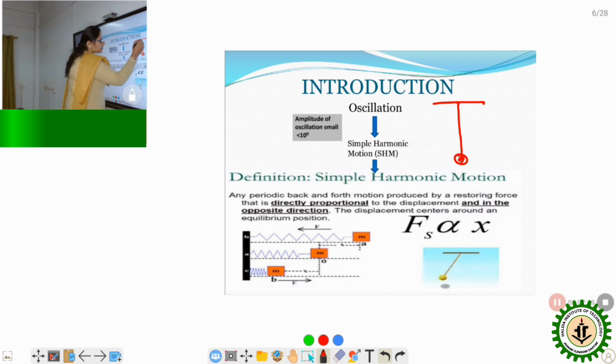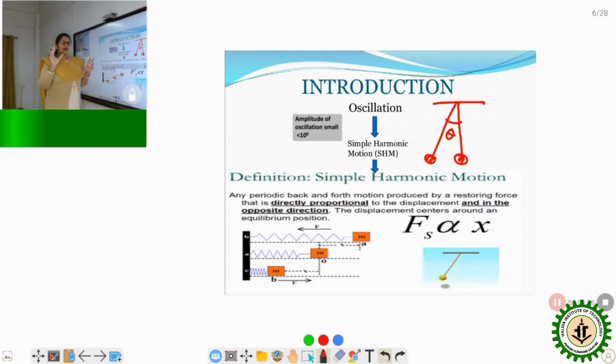Now we change its position. This change happens in the angle, let us consider this is theta. When this angular displacement is very small, less than 10 degrees, then we can call the oscillation simple harmonic motion in nature.